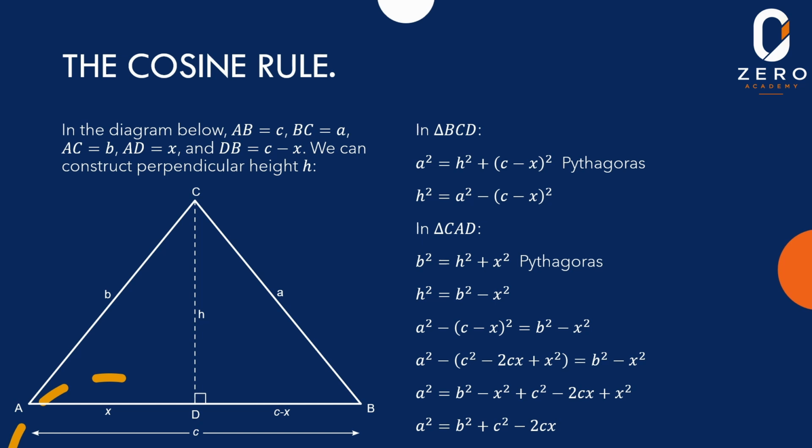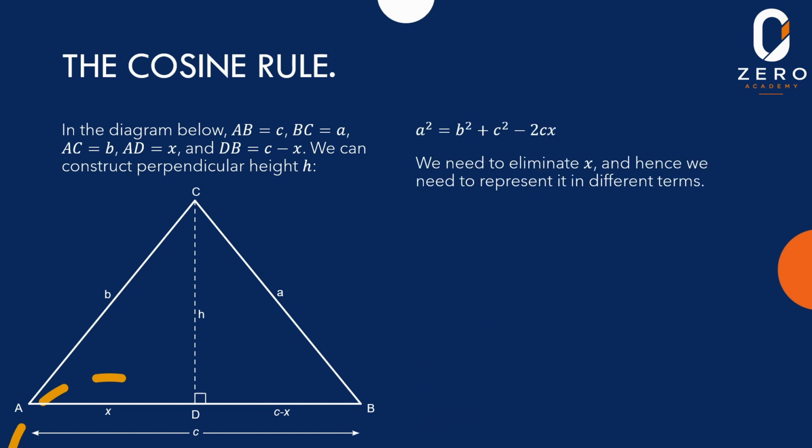Now I'm going to try and get rid of the x because it's not really part of my larger triangle. I'm only interested in sides a, b, and c, and it would be very lovely to make my formula in terms of only those and their angles. We have shown that a squared is equal to b squared plus c squared minus 2cx.